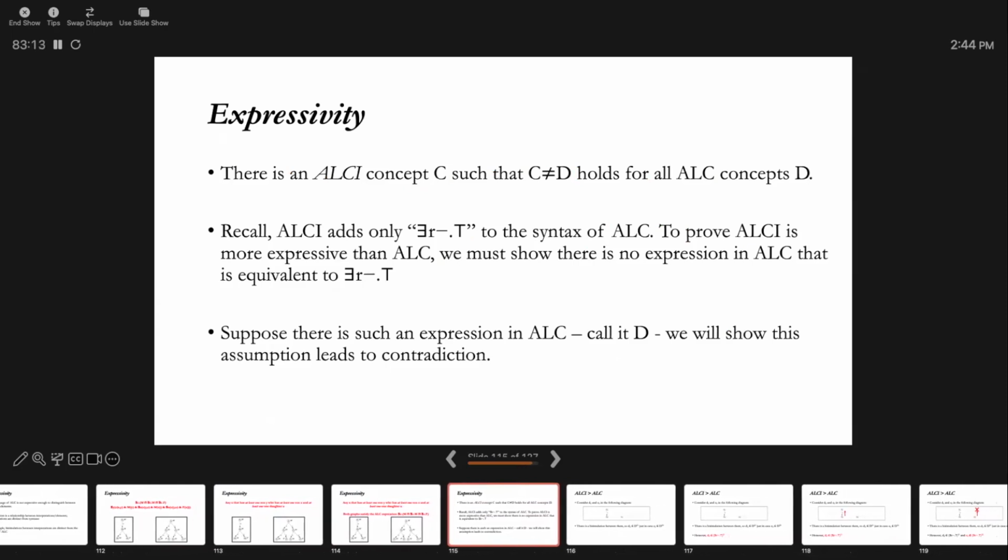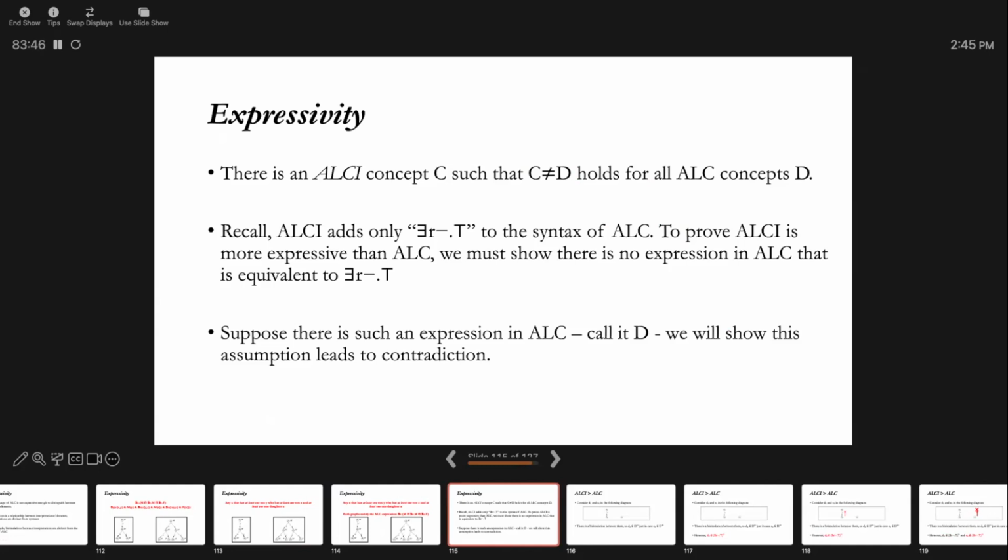I'm going to show you by pointing to something that ALC can't express, but ALCI can, a distinction. So let's say there's an inverse concept class, such that that class is not equal to some D class that holds for all ALC concepts D. Put another way, recall that ALCI adds just that inverse to the syntax.